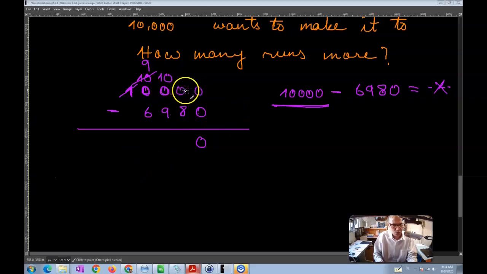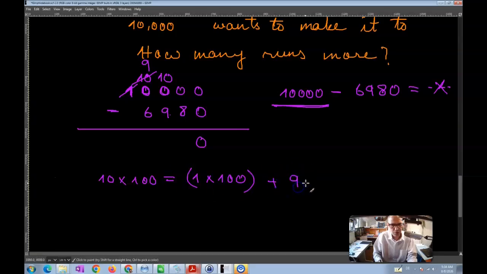So I have 10 groups of 100, and I will break it up as one group of 100 plus another 9 groups of 100. So that's 1 plus 9 is equal to 10 groups of 100. And then I will keep the 9 groups over here, and the 1 group of 100 remains over here.